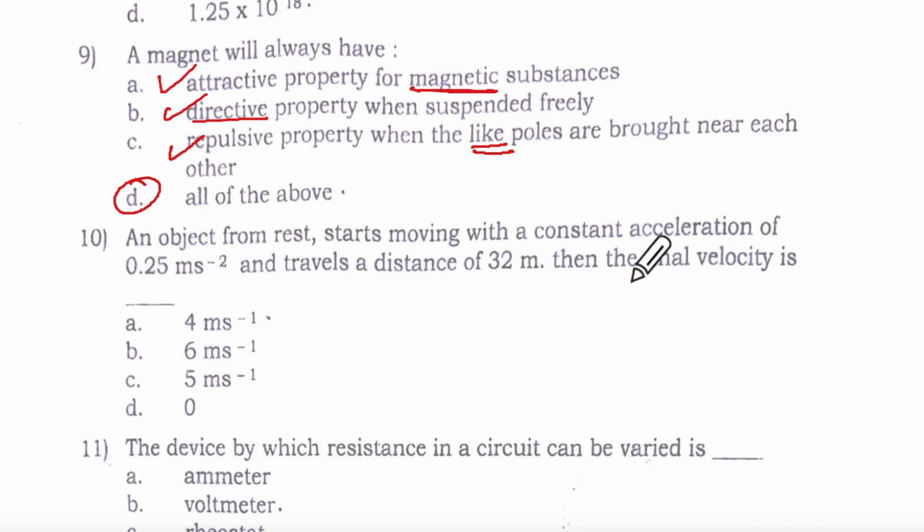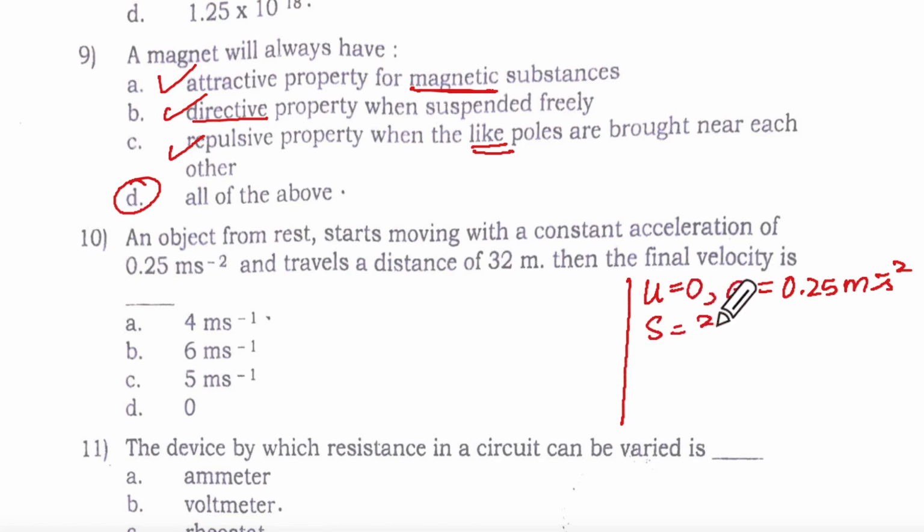Okay, let's look at the 10th one. Object from rest. Now here you will have to work this out. Starting from rest means u equal to 0, with a constant acceleration. So a is 0.25 meter per second square. Travels distance of, so s equal to 32 meter. And they say final velocity is how much? Now v square is equal to u square plus 2as, correct?